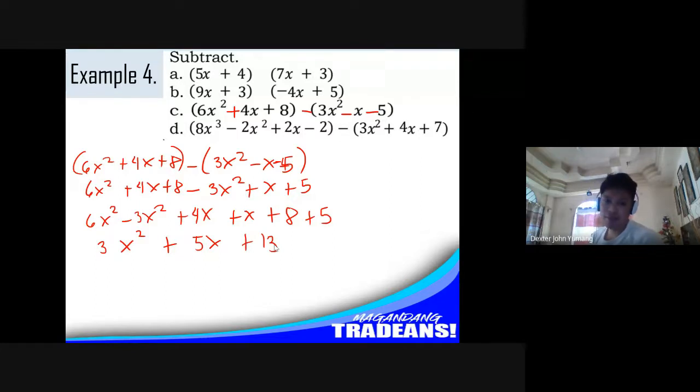Okay, letter C example. We are now on letter C. Okay, I know some of you are getting tired na because of this XY na napakarami.